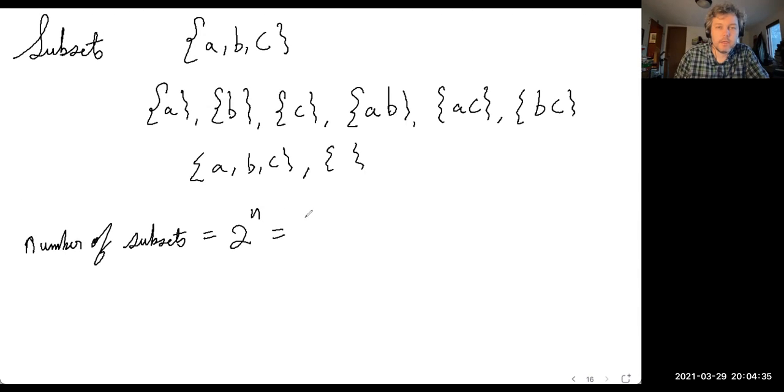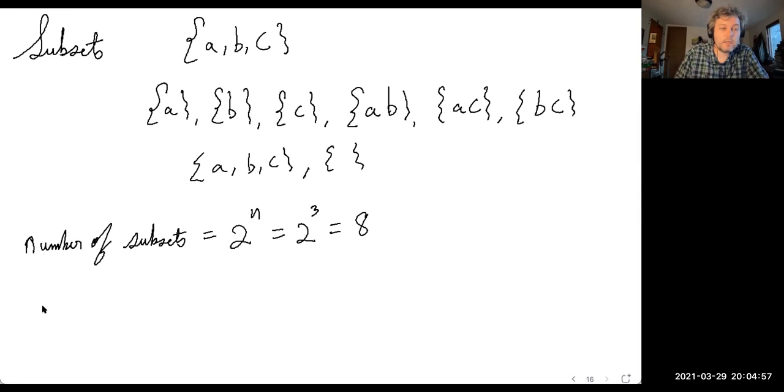N is the elements. We have 3, so 2 to the third is just 8. So I claim that there's 8. Okay, 1, 2, 3, 4, 5, 6, 7, 8. Okay, that's including the empty set. We already learned this. Why am I bringing it up again? Well, I kind of glossed over where this formula comes from, 2 to the n.